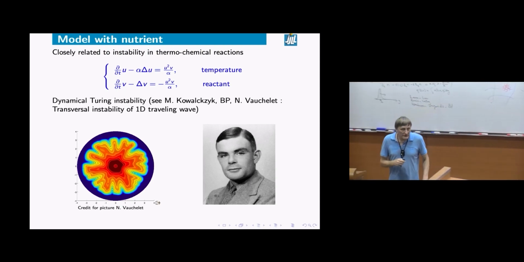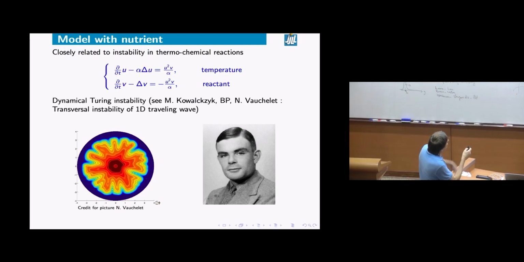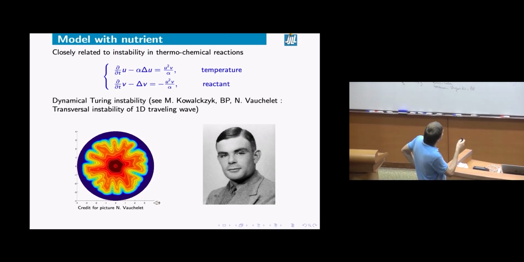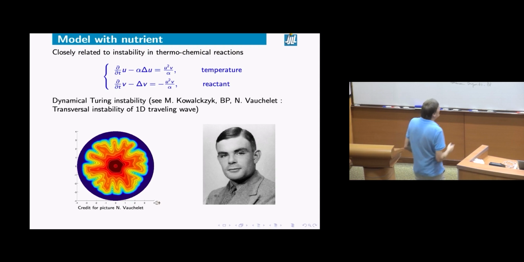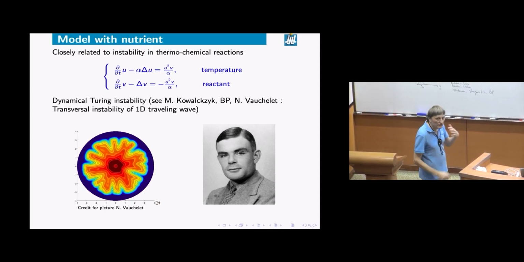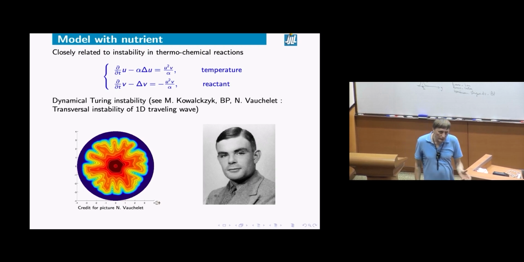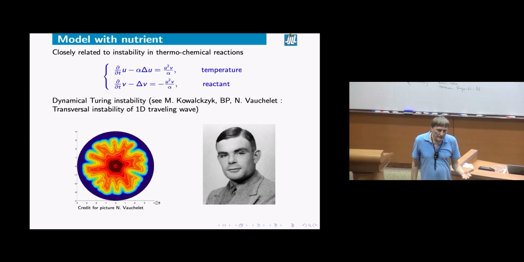Turing tells you that if you have a right-hand side, for Turing it was a linearized right-hand side, and you have two diffusions which are very different, then you can create instability, even though the system is stable. The ordinary differential equation is stable, but the diffusion makes it unstable. This is Turing's observation.